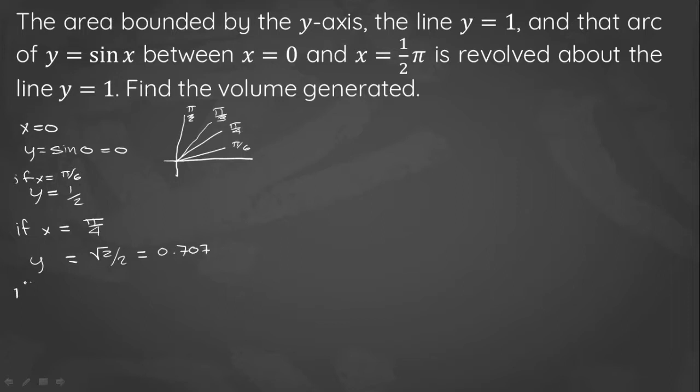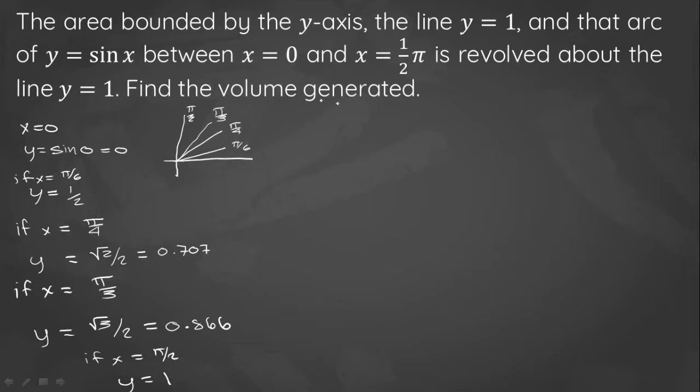If x is equal to pi over 3, then y is equal to sine of pi over 3, which is square root of 3 over 2, or approximately 0.866. And if x is equal to pi halves, then y is equal to sine of pi halves, which is 1.